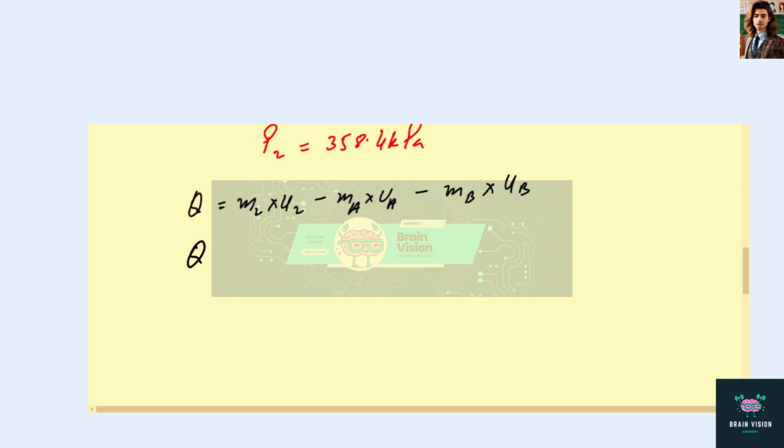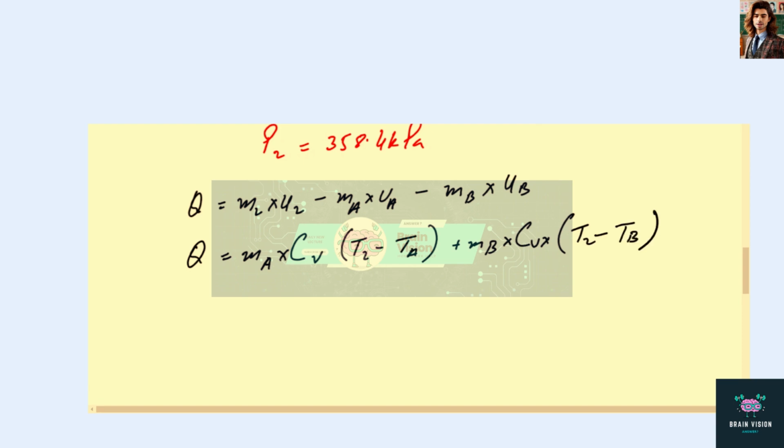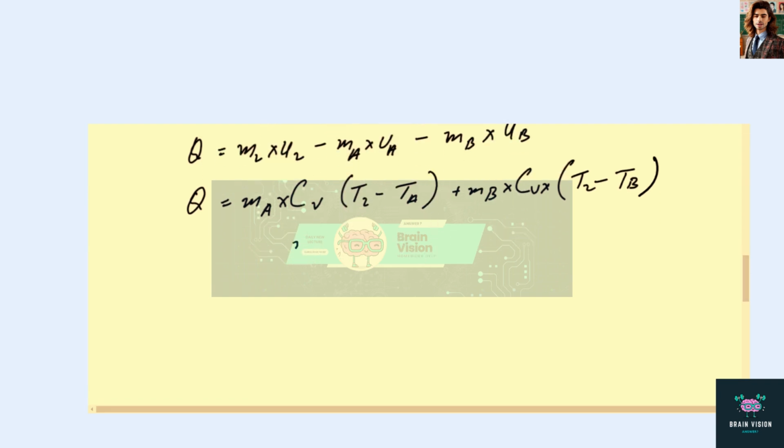So we've got Q is equal to MA into CV multiplied by T2 minus TA plus MB into CV multiplied by T2 minus TB. From the properties of ideal gas table, we can find the heat capacity as CV is equal to 0.662 kilojoules per kg Kelvin.